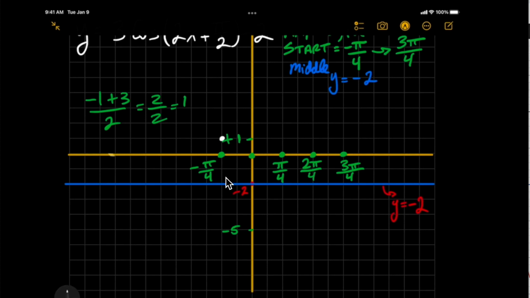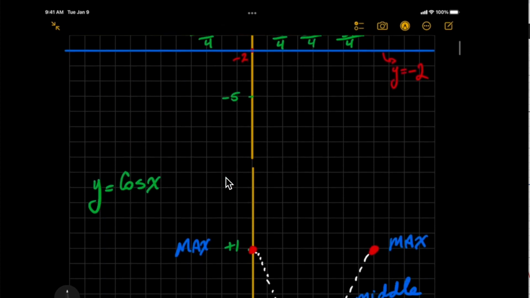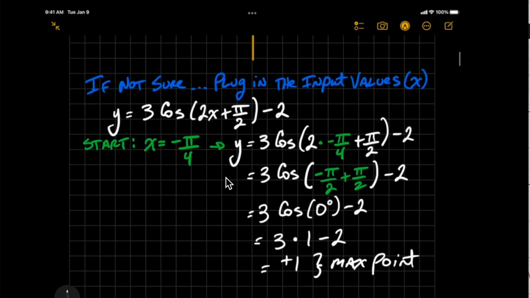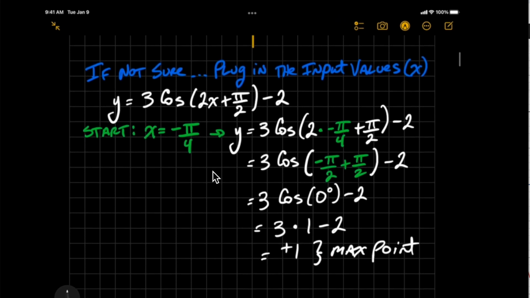If you're not sure about that, if you're not sure where to start, feel free to plug in values. So if our starting point is -π/4, and we plug this in for x, and we do the algebra, we find that the y value is going to be +1. And indeed, that is the maximum point of our graph.